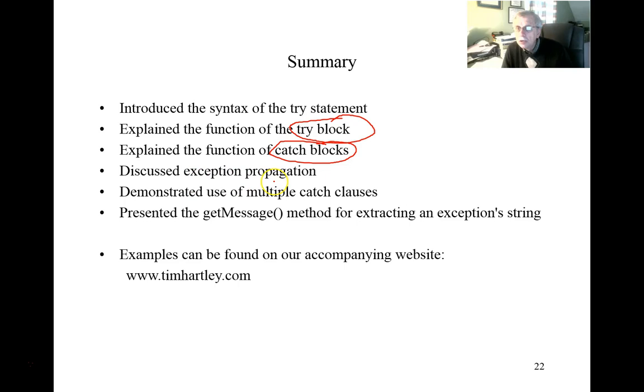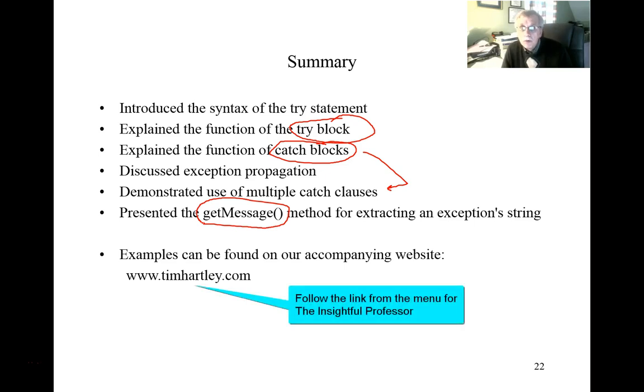We discussed this notion of exception propagation, and then we also demonstrated how we could use multiple catch blocks, precisely what we were talking about here. And then finally, we talked about how we could examine the actual error message that was contained within the exception object and convey that to the user if necessary. So the code that we provided illustrated a number of important ideas and concepts for using the try-catch statement.